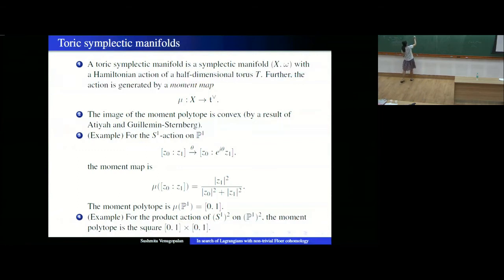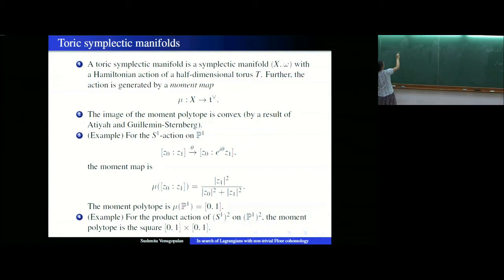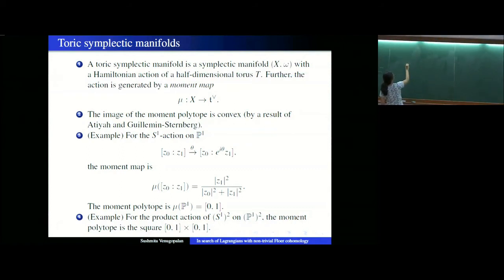So in case of the S1 action on P1, the moment polytope is just a line segment. Exactly. So this is for the interior points in the polytope. So in this case, the picture is as follows.